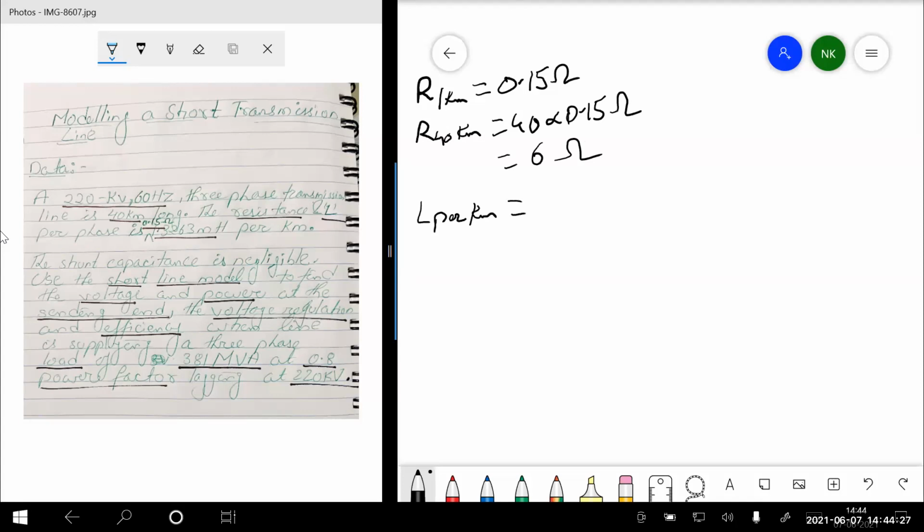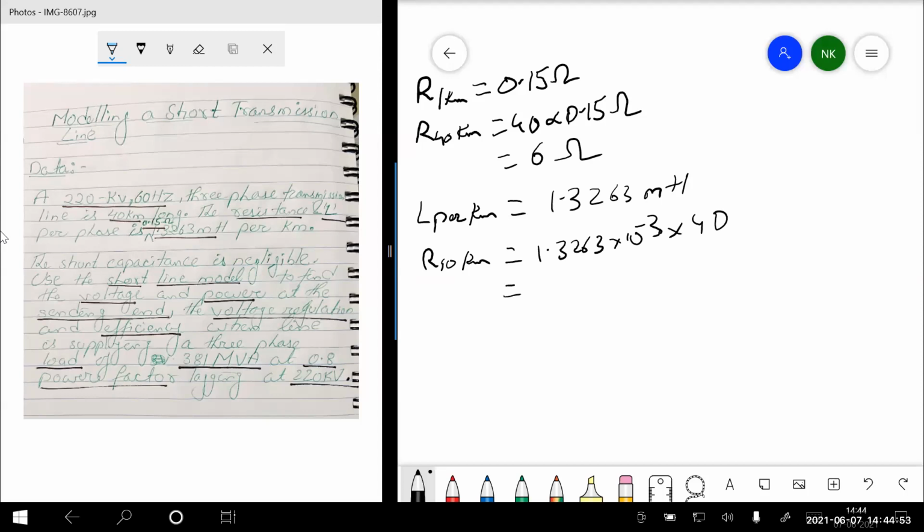Per kilometer, the inductance is given as 1.3263, that is millihenry, right? Yes, sir. For 40 kilometers, it is 1.3263 into 10 to the power minus 3 into 40.